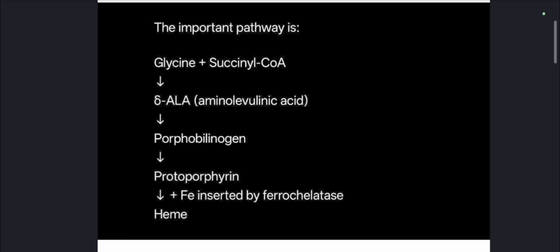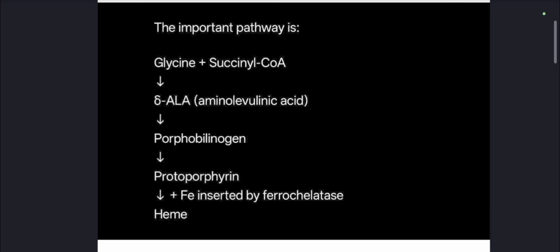Lead inhibits ferrochelatase, because of which there is no insertion of iron and no formation of heme. Protoporphyrin accumulates in the blood because of inhibition of ferrochelatase.